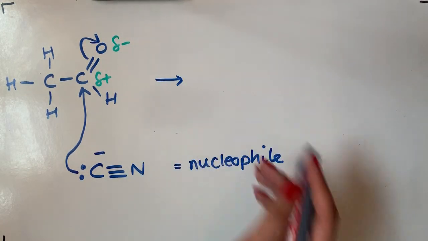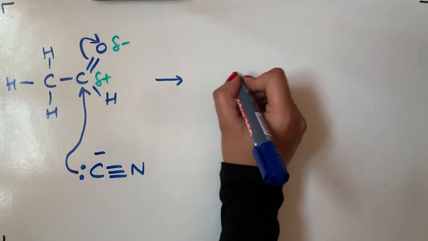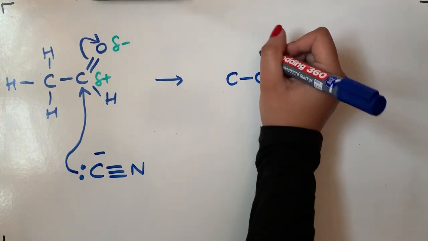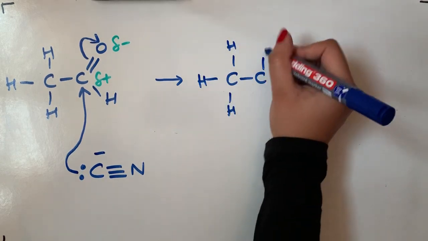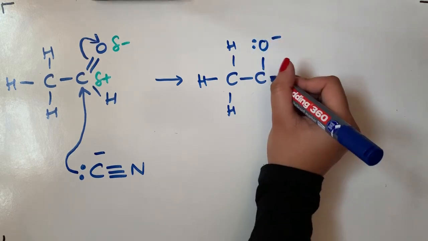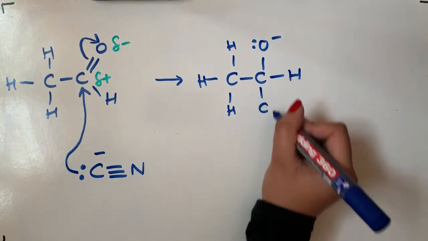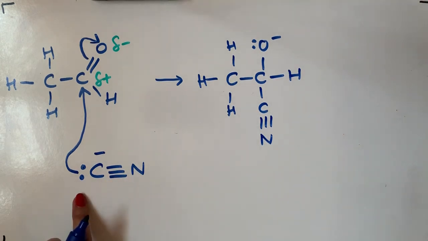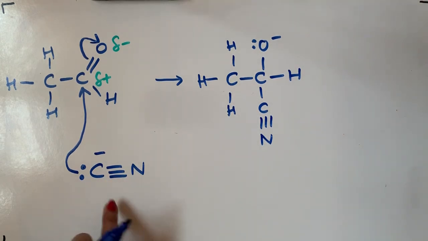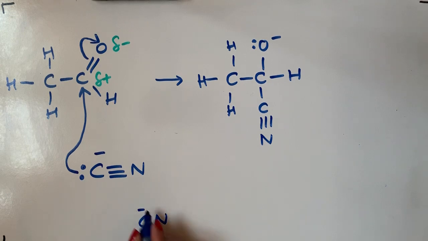Draw the product of that step, like that. It's hydrogen cyanide that's present, so given that we have CN minus, we also have H plus in the pot.